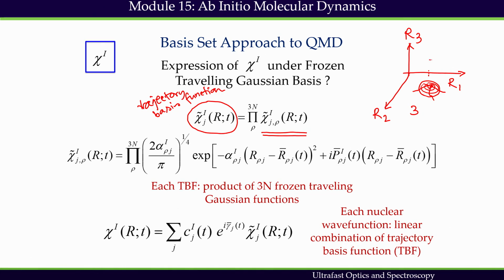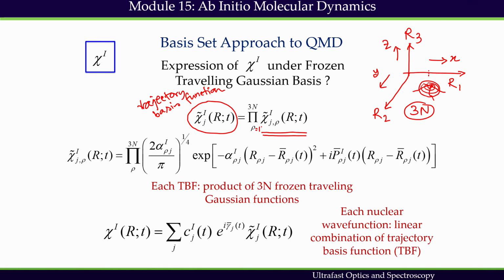A Gaussian can move along x, along y, and it can move along z direction. So, 3 different directions it can move, and I have n number of atoms. So, in total I have 3n one-dimensional Gaussian functions. So, this product is going to be rho equals 1 to 3n. So, 3n Gaussian functions I am multiplying and getting the trajectory basis function.